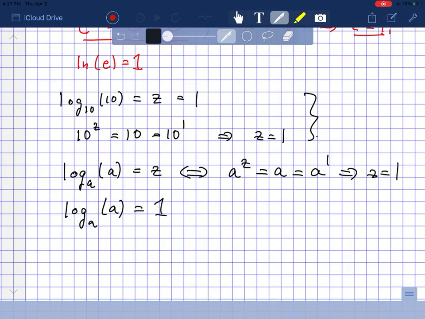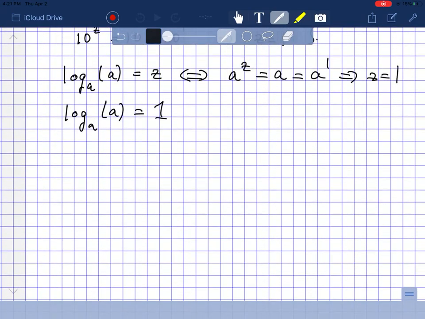So we have the important relationship that the log base a of a is equal to 1. Right? What if I have this? The log base 5 of 1 over 125, and I want to find that. That looks tough. So let's call this w. I don't know what w is. I want to find w.